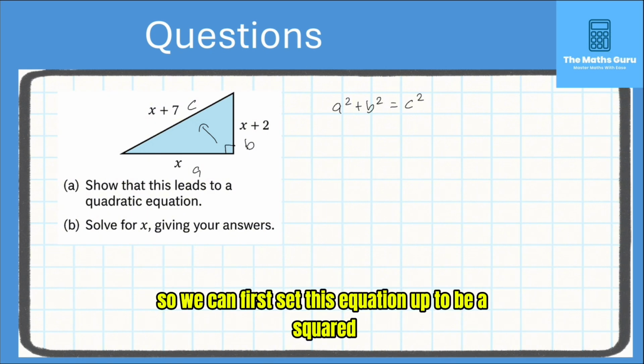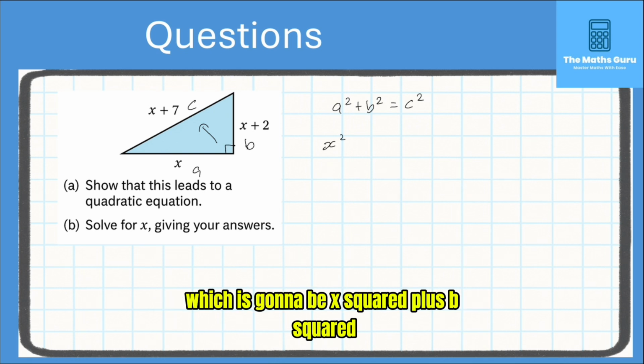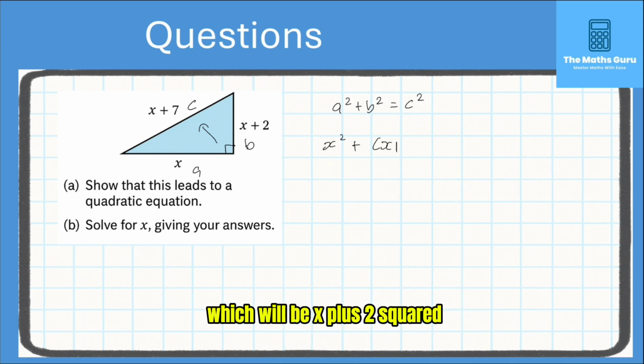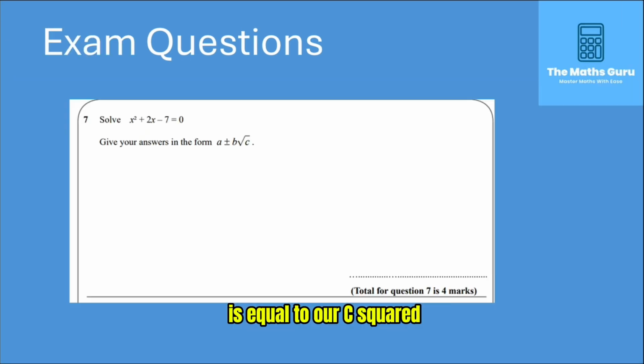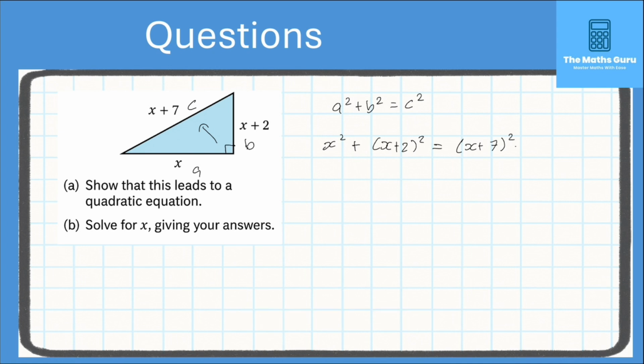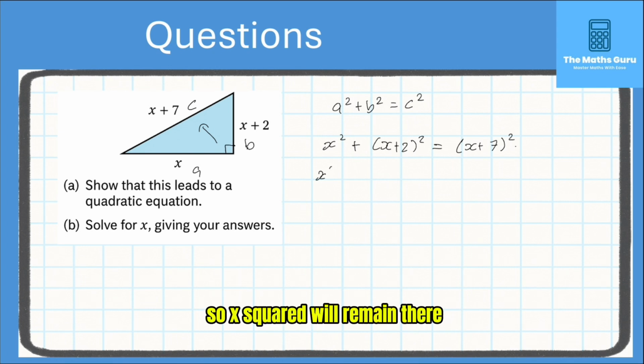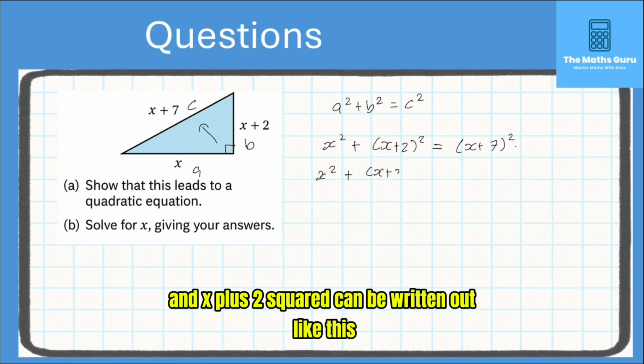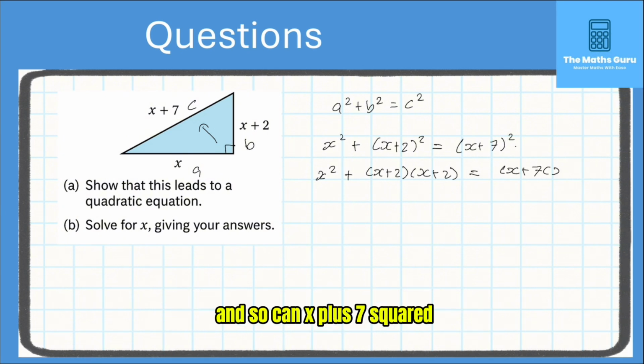So we can first set this equation up to be a squared, which is going to be x squared, plus b squared, which will be x plus 2 squared, is equal to our c squared, which is x plus 7 squared. So x squared will remain there, and x plus 2 squared can be written out like this. And so can x plus 7 squared.